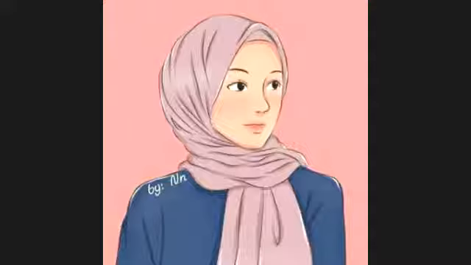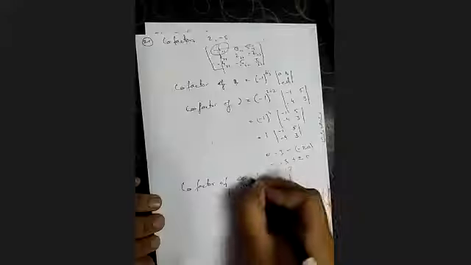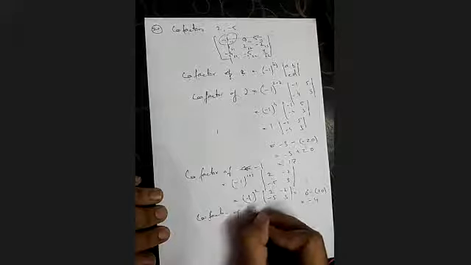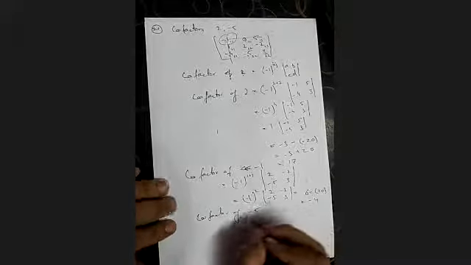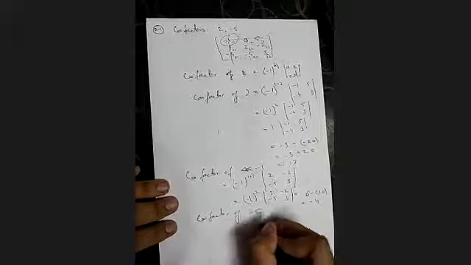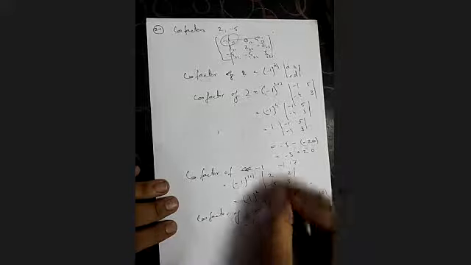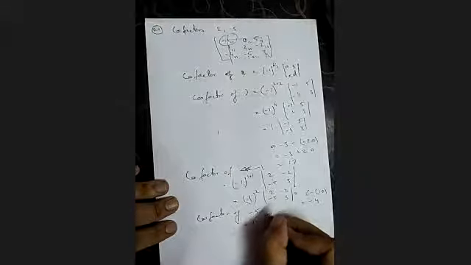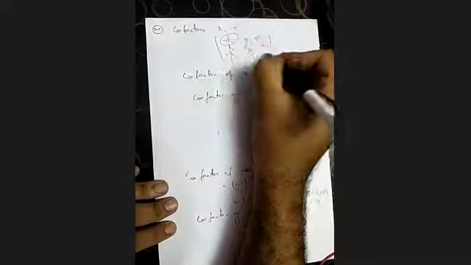Just now we found out the cofactor of minus 1. Now find the cofactor of minus 5. Cofactor of minus 5 will be minus 1 power, and minus 5 is over here, so 2 plus 3. Remove this row and this column.